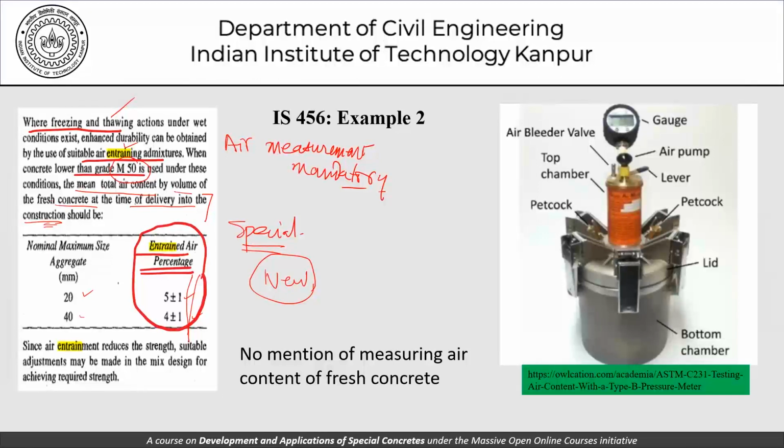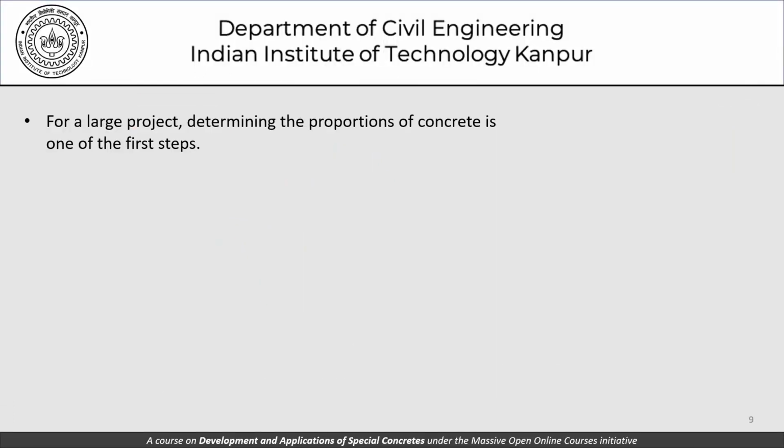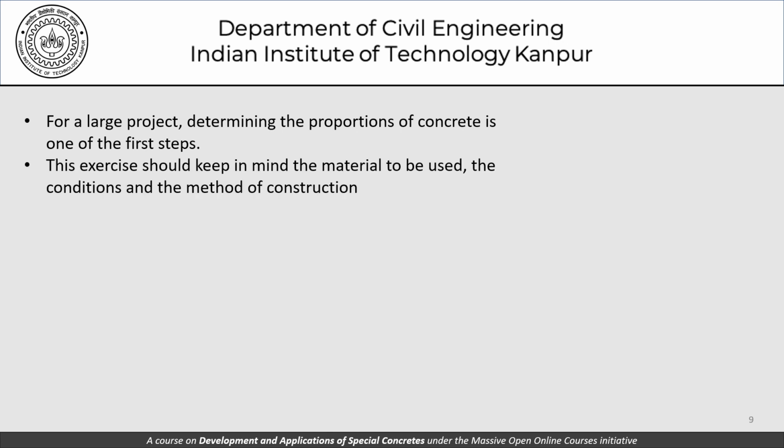So the discussion today would be in terms of large projects where the proportioning of concrete is one of the first steps. And once the proportion of the concrete, that is the different ingredients, is established, a lot of other things have to be done. Now this exercise of proportioning concrete should be carried out obviously keeping in mind the material to be used, the condition and the method of construction.